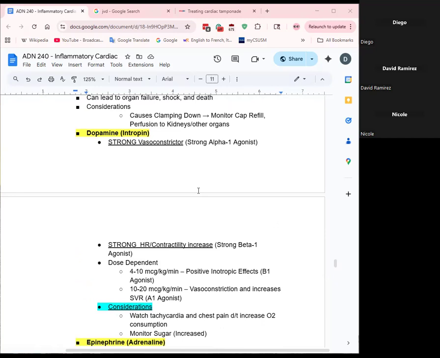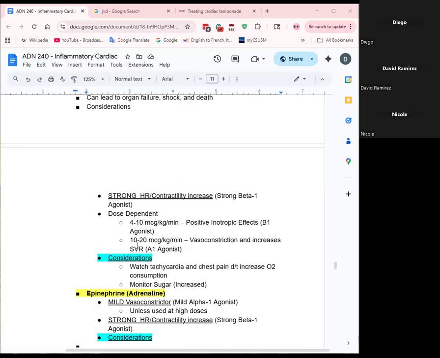So dopamine and epinephrine, if you guys recall, both impact the heart rate. So these are medications that could be used for this condition. Dopamine causes a strong heart rate and contractility increase.